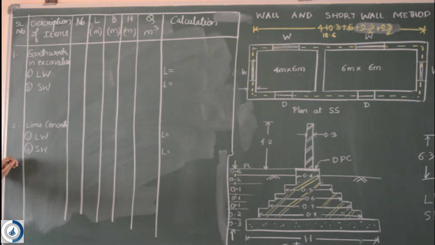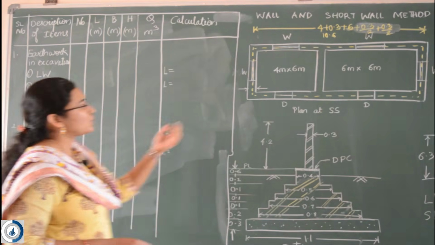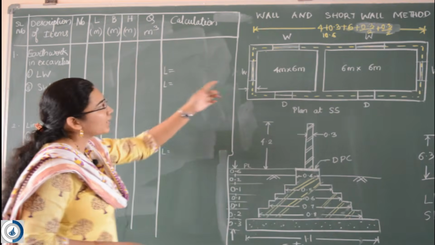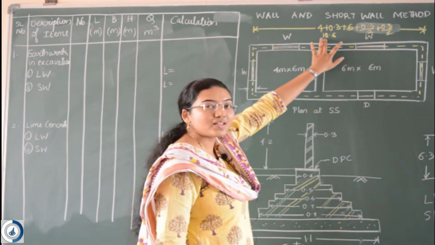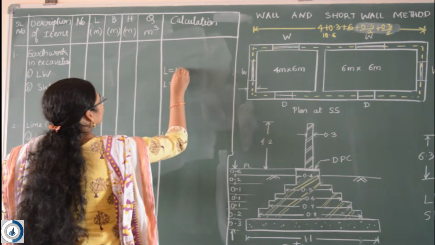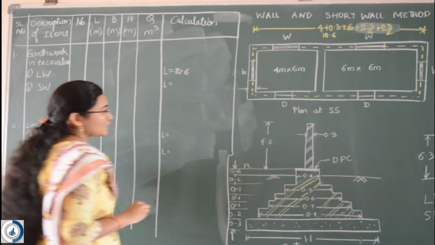So now we shall do the estimation, the detailed estimation for the work in excavation for the long wall and short wall. So here we have already calculated the center line of the long wall. As per the calculation, the center line for the long wall is 10.6. So that I'll consider here, 10.6.